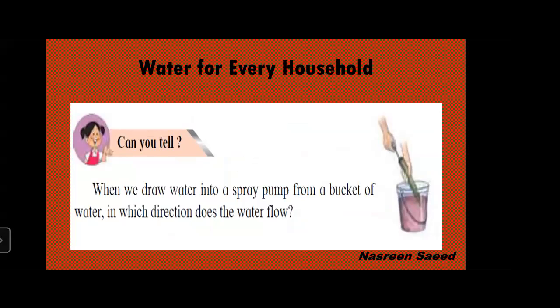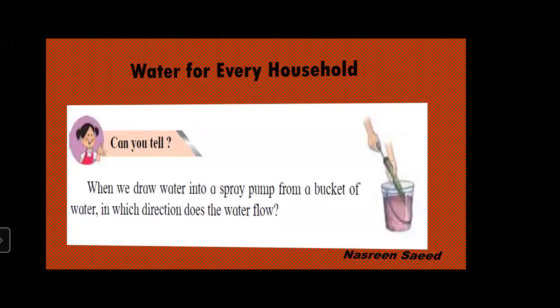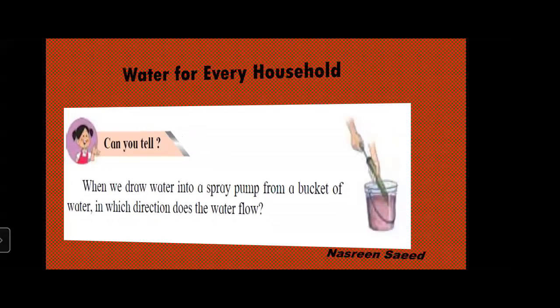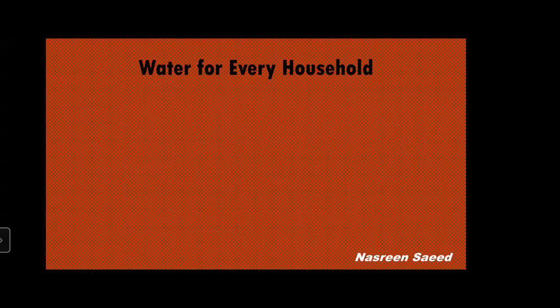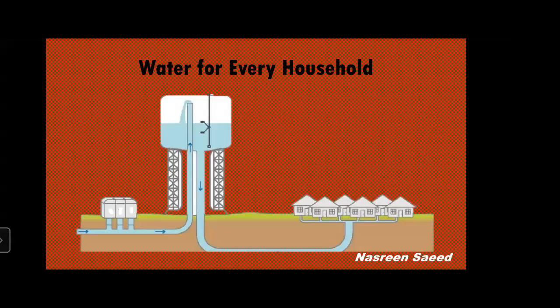The water fills the pump. So water flows down, but when you apply pressure on the water, it flows upward. This tells us that we know water flows downward, but if you want to lift the water upwards, we have to use some force.